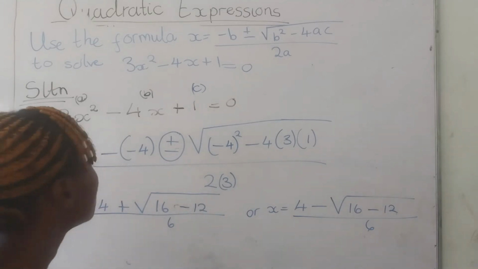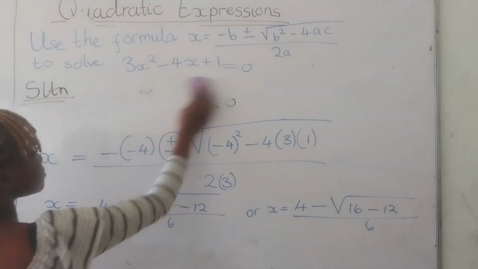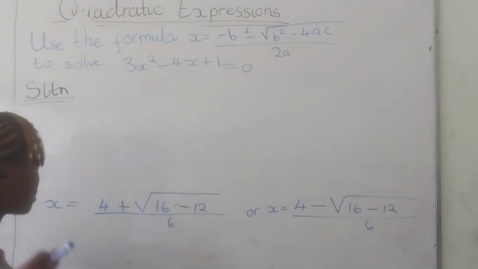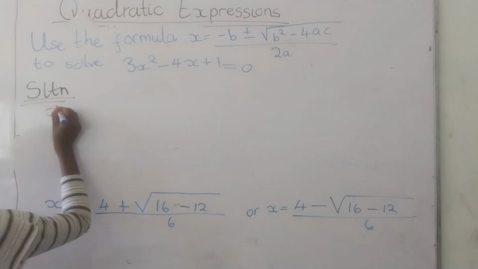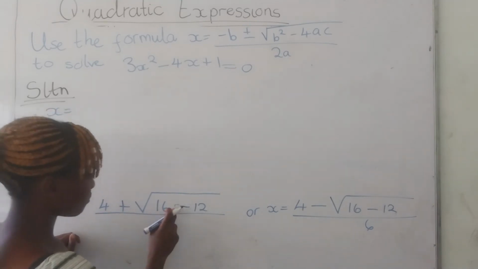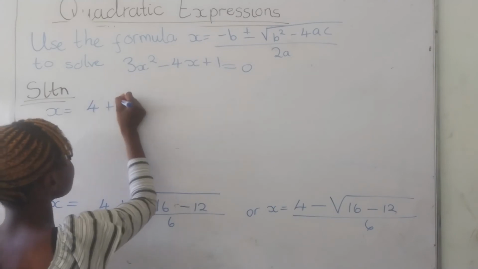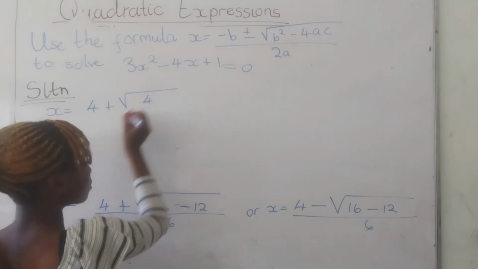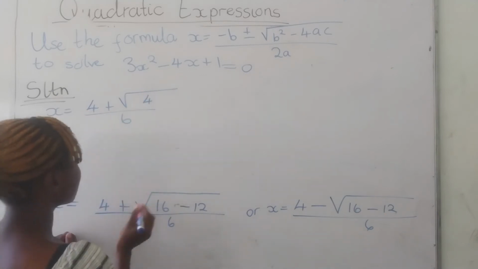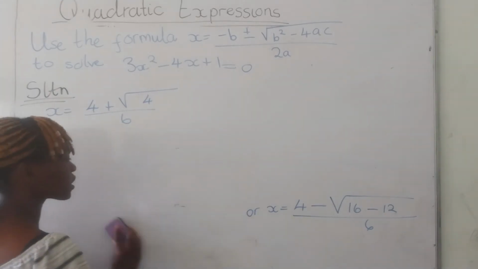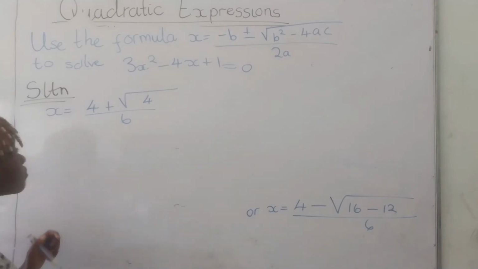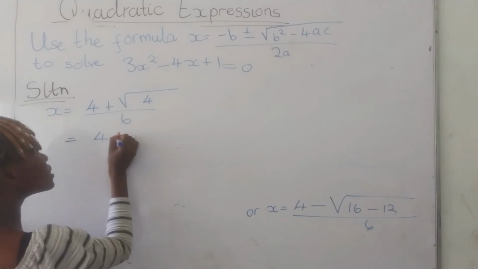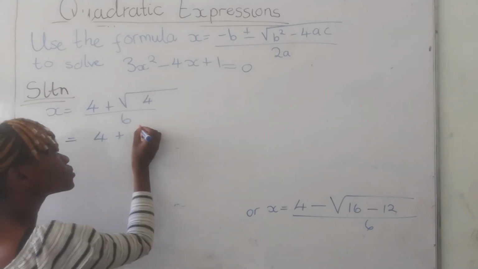Let me grab here so that we have some space. For the first part, for the positive, x is equal to, if we simplify inside, 4 plus root of 4 over 6. So now the root of, we simplify again, 4 plus root of 4 is 2, right?